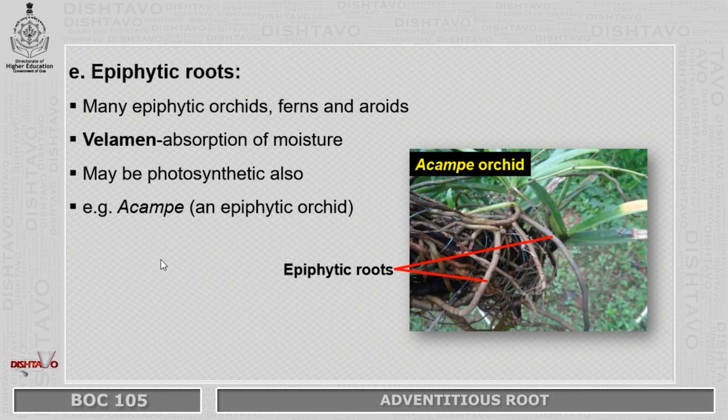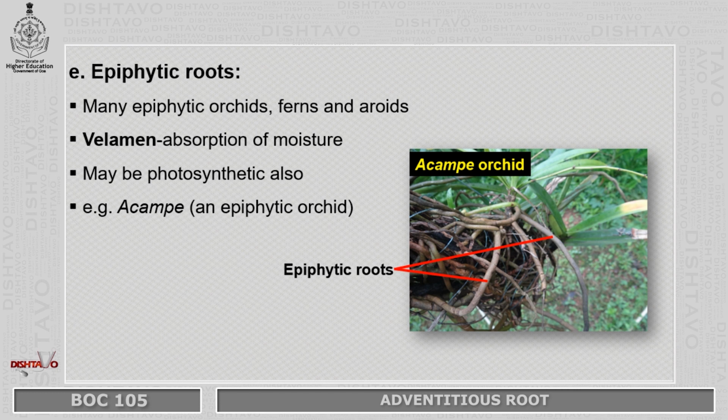Epiphytic roots. Many epiphytic orchids, ferns as well as aroids. Aroids are the members of Araceae, that is, you may know taro, then alu, then also anthurium. So these members of Araceae, then ferns, then many epiphytic orchids produce this type of special adventitious roots called epiphytic roots.